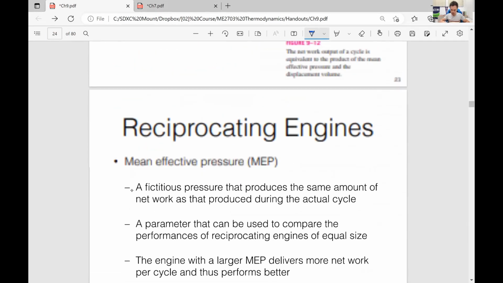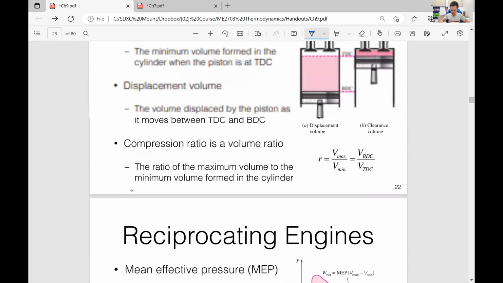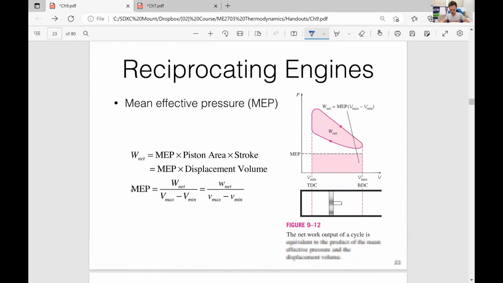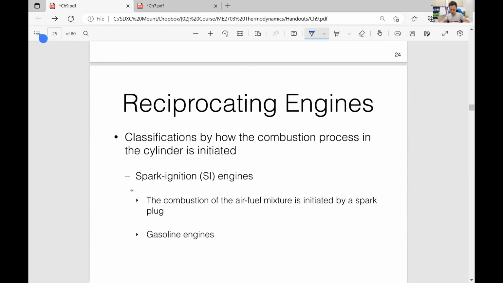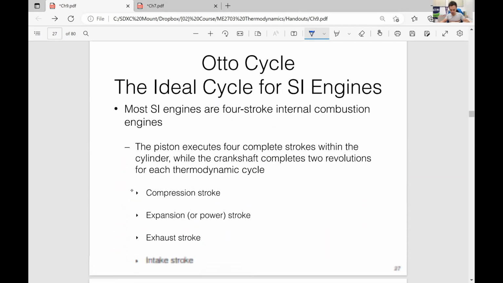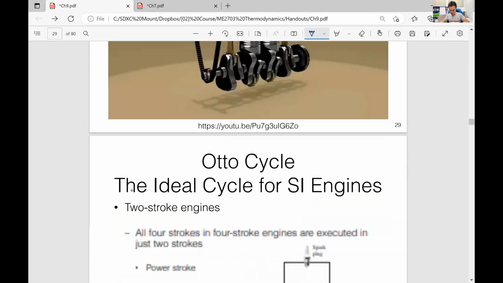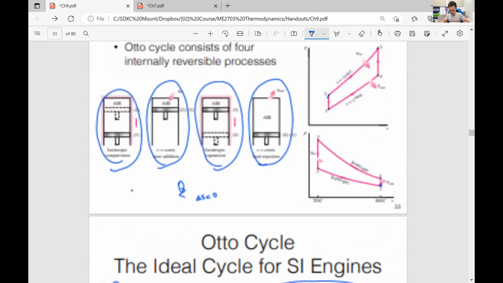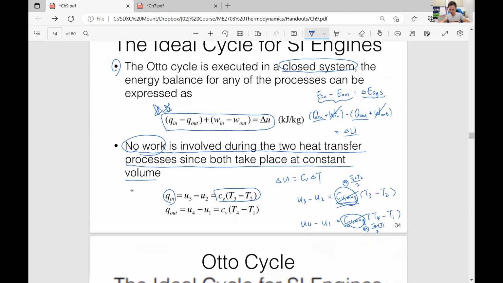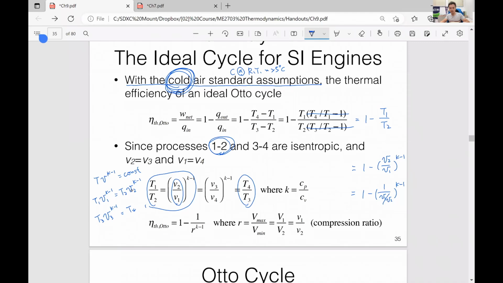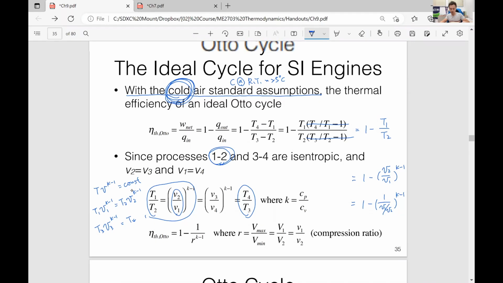Where's the compression ratio? Yeah, here. The compression ratio is V maximum over V minimum. And in this Otto cycle, V1 is the maximum volume, V2 is the minimum volume, right?